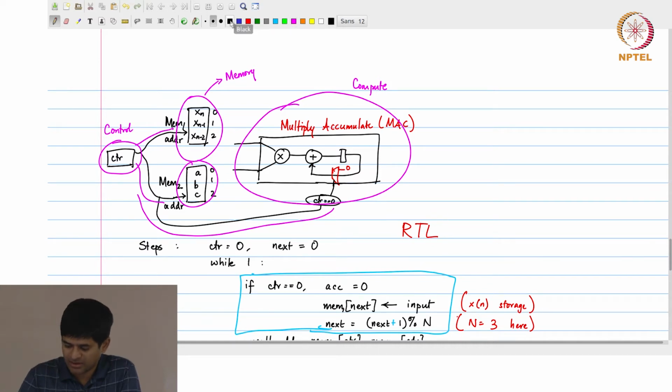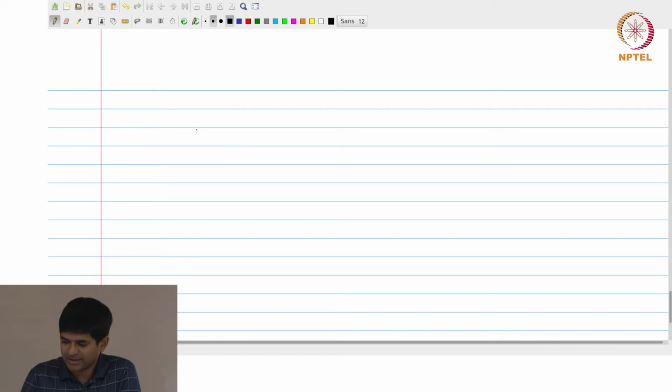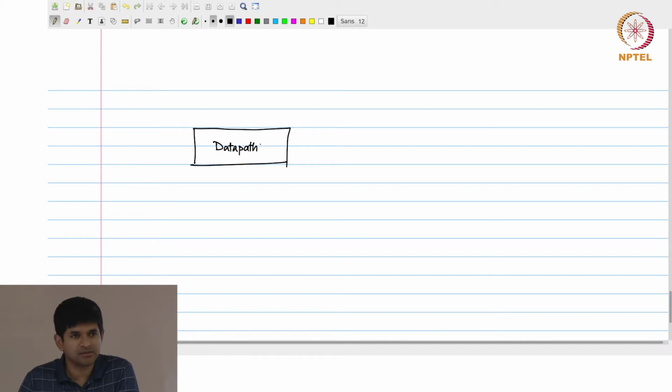So in other words, I can think of any architecture or any problem that I want to solve in terms of something that I will call a data path, which has the ability to do computations, and a controller, where the controller, in addition to having counters and so on, can send any kind of signals.